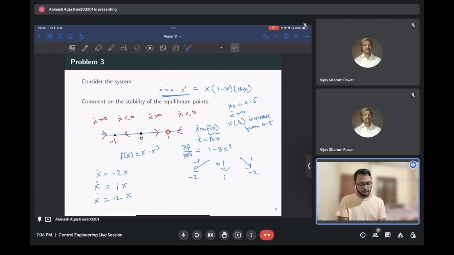For 1 and minus 1, it is the opposite. If you are perturbed from 1, you'll be brought back to 1. You won't be able to move away from it. So this is like, say, a hill, valley and hill.